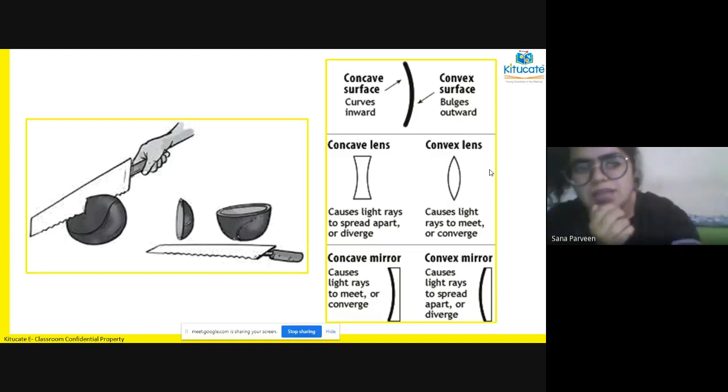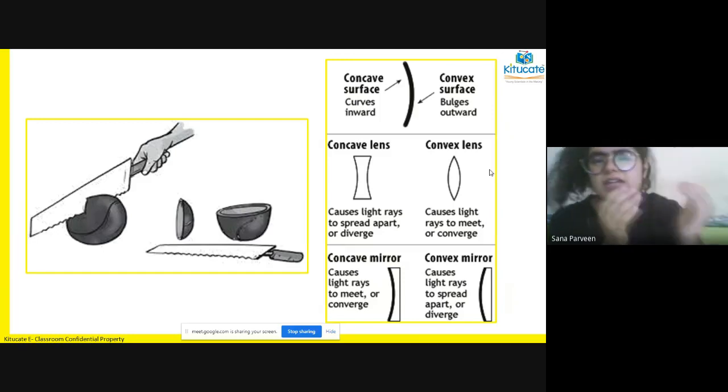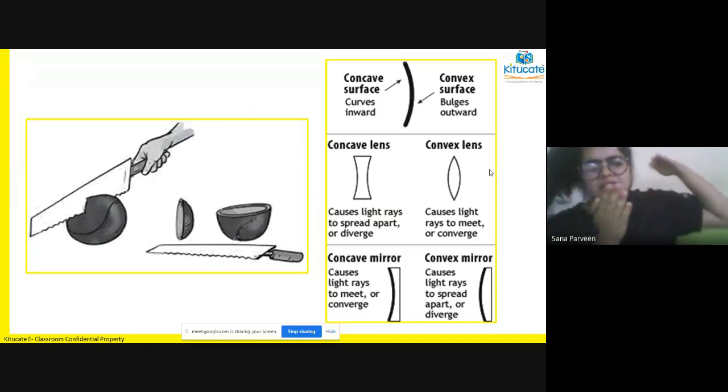Okay, so these structures are called curved surfaces, and depending upon what the curve looks like, the curve can be divided into again two groups. One is called concave surface, which is curved inwards. Now consider you are going to enter into a cave. The cave is going to be hollow, in which you can enter.